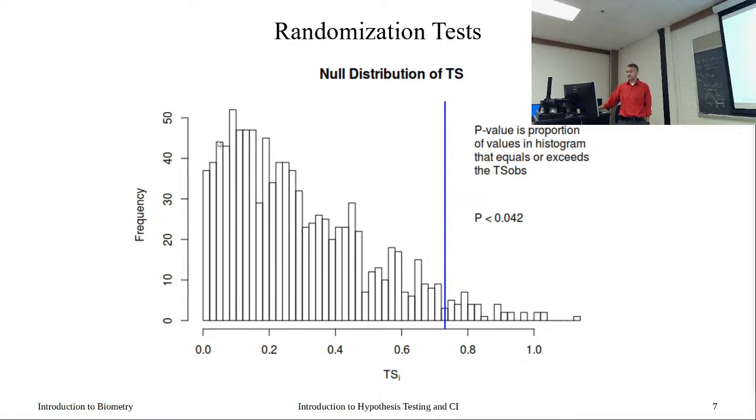So instead of having this nice jagged histogram, our t-distribution is very smooth. And we do the same thing. We look at our observed t-value, and we compare it to the theoretical t-distribution, and figure out what proportion of points lies above our observed test statistic, and that's our p-value.